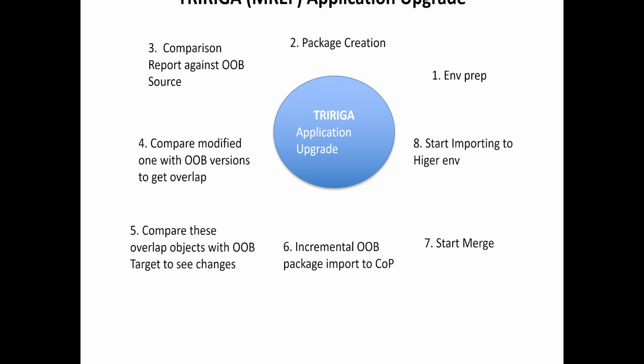And if you are planning to go to the 5.0, 10.6 version, then you need another environment which is the same as 10.6 and 5.0. We call it the out-of-box target environment.